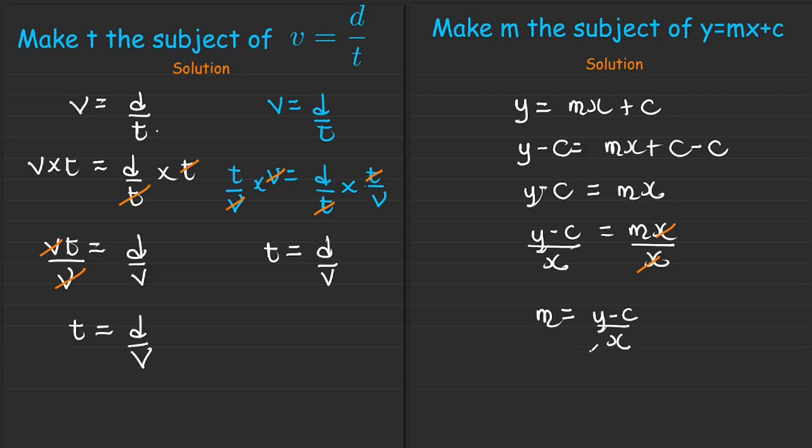And that is, you have made m the subject. That is all. So as you can see, in this case, there was addition, and we had to move that using the inverse operation, which is subtraction. Then afterwards, we divide both sides by the x, which is the multiplication between m and x, so that the m now comes to stand on its own.